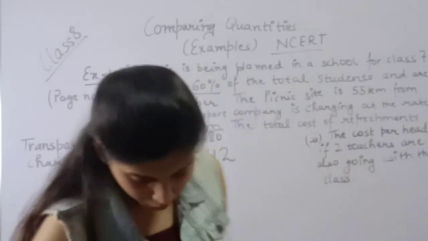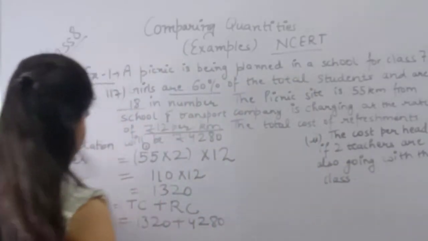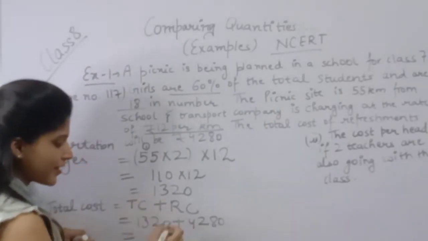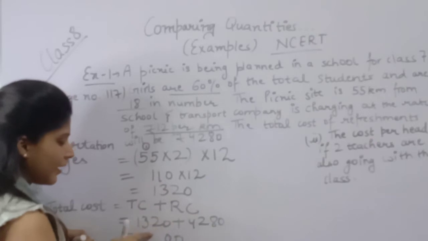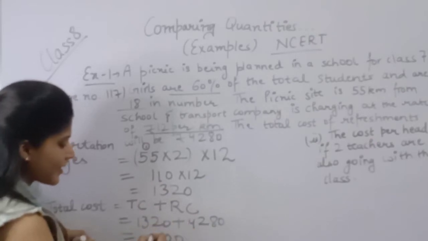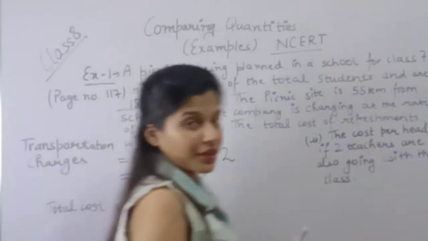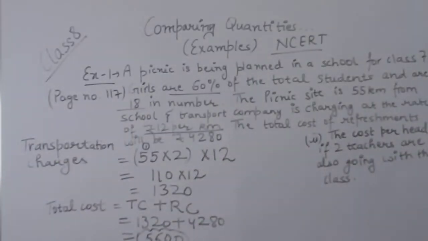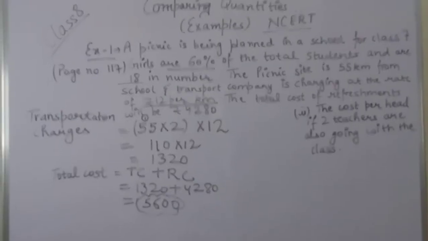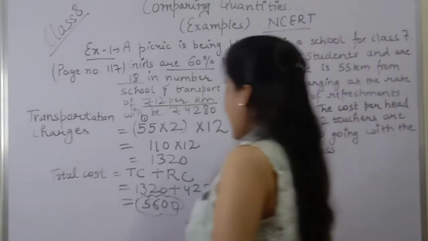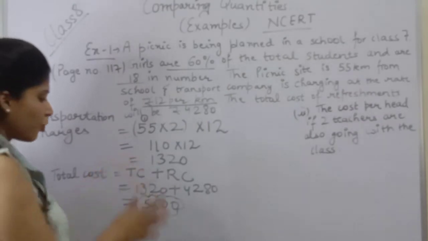Okay, now this is 0 plus 0 0, 8 plus 2 is 10, 0 1 carry, 3 plus 2 5 plus 1 6 and 4 plus 1 5. So this is 5600. So we have 5600 as the total cost.